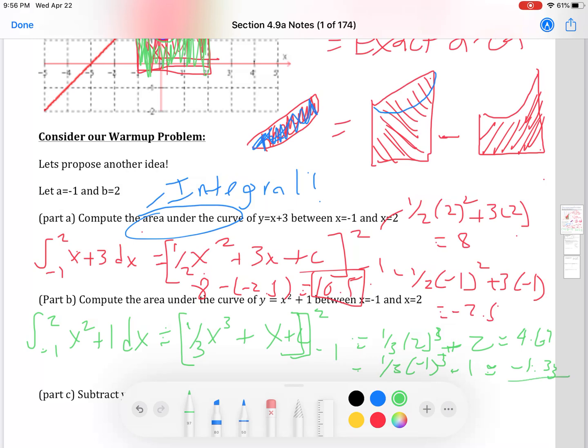So when we combine these, it's about 4.67 minus -1.33. So that's about 6.